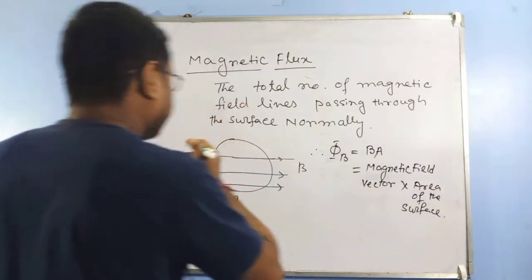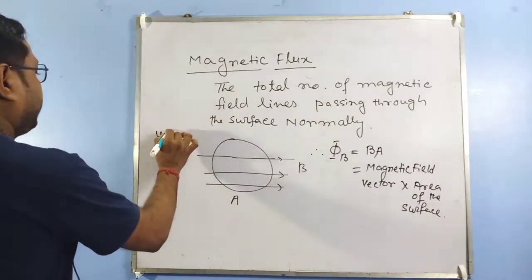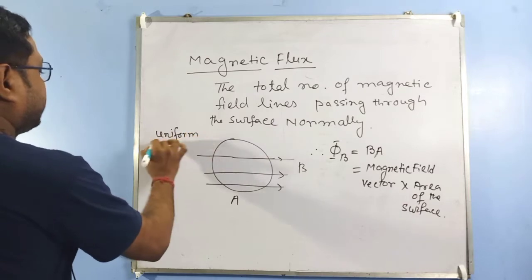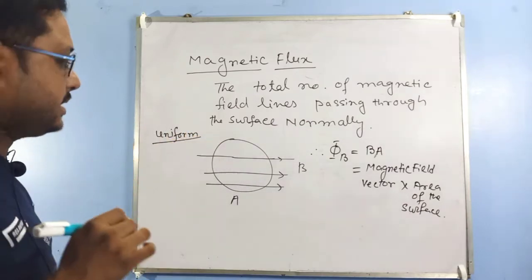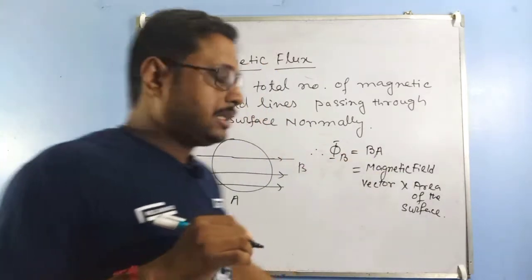It is in a uniform magnetic field. In a uniform magnetic field, we can assume that the magnetic field is the same on all the surface.